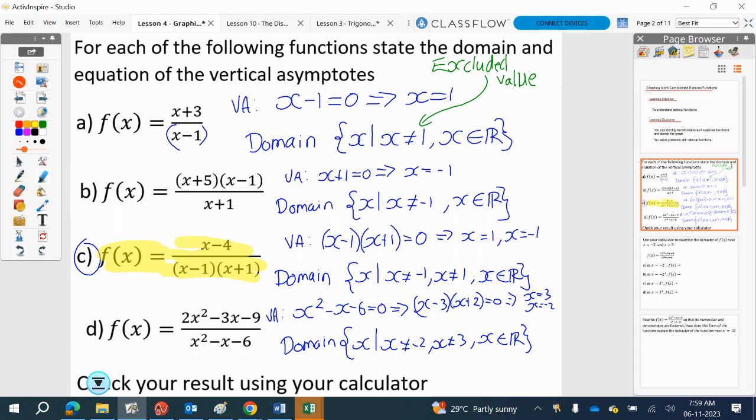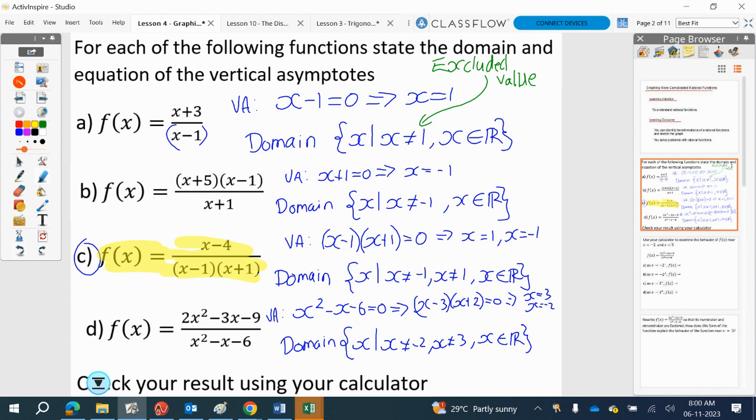You want to change your scale so you can see better. Just graph. Yeah, you should, because there are 2 asymptotes.